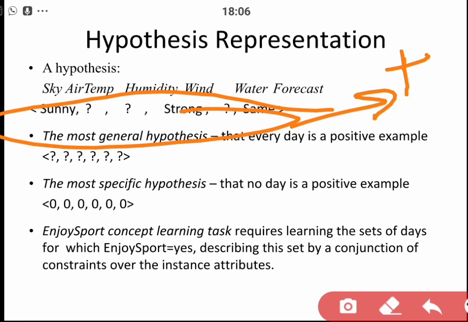Because we were saying that in concept learning a hypothesis is shown with the combination of attribute values. Like over here, all the combinations that are possible with all the values of the attributes will make your hypothesis space.